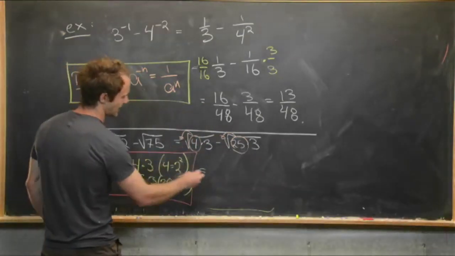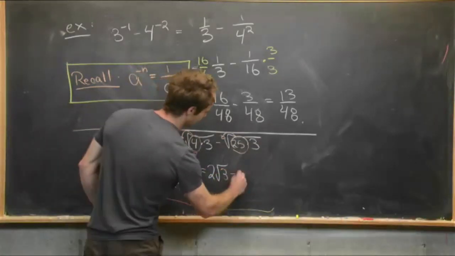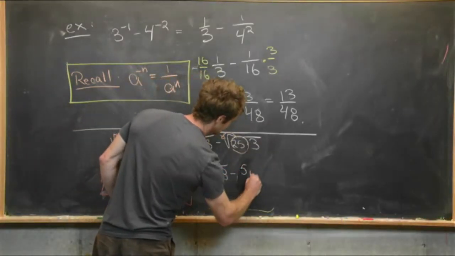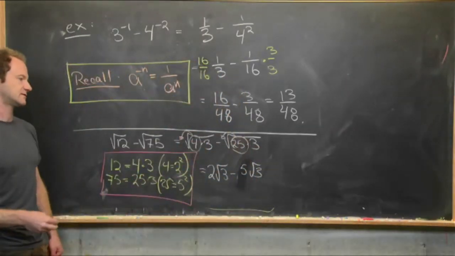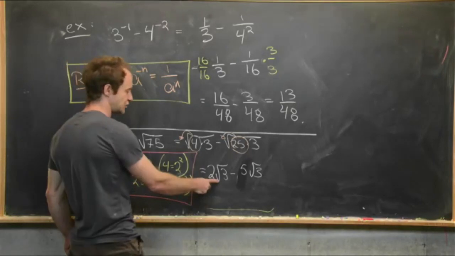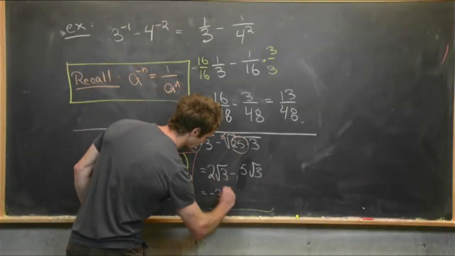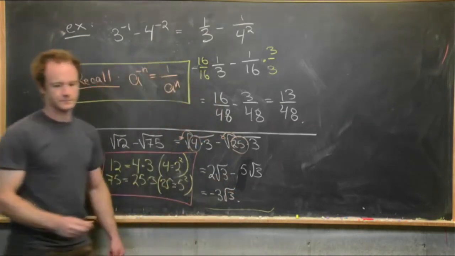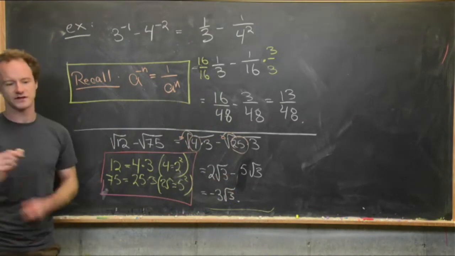So 4 coming out of the square root will become 2. So we have 2 times the square root of 3 minus 5 times the square root of 3, because 25 coming out of the square root will give us 5. And so now we've got 2 root 3 minus 5 root 3, so that's going to be negative 3 root 3, because we can think of them as like terms, where the square root of 3 term is the like term.